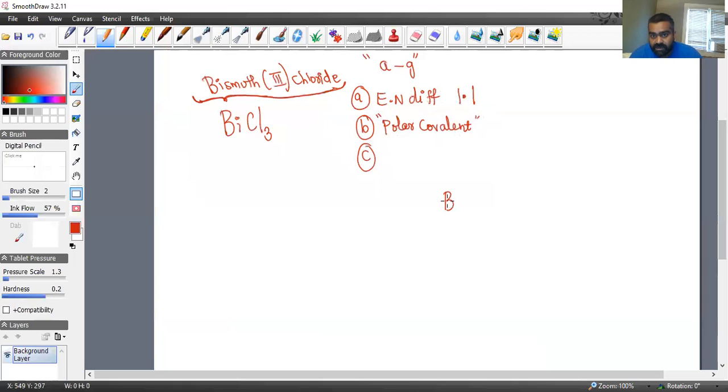How many electrons do I have around bismuth? How many electrons am I going to distribute around bismuth? 5? No, not 5. Don't look at the column Roman numeral. Look at what's in the question.